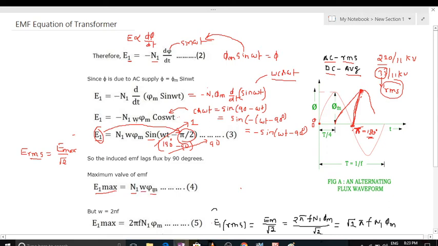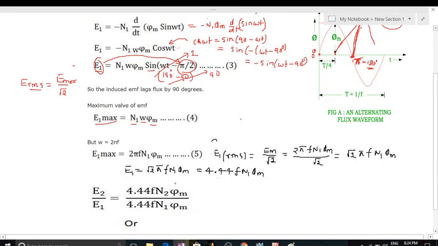We know that ω = 2πf. Substituting this, we get Em = 2πf N1 φm. E_RMS is Em by root 2.